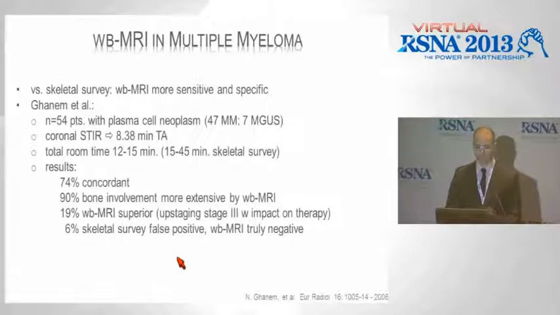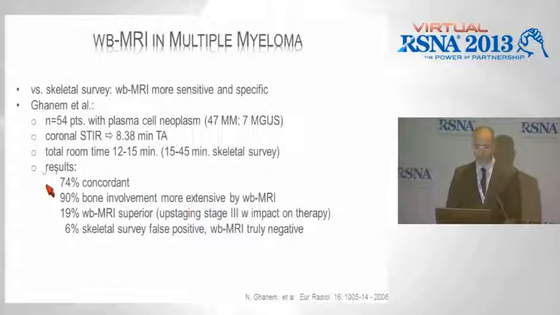Now, there's a first study that looked at whole body MRI, really used a very fast protocol, just coronal stir imaging, with a total acquisition time around 8 minutes and a room time around 50 minutes, which was actually quite fast and faster compared to the skeletal survey, which until that time was the standard for multiple myeloma.